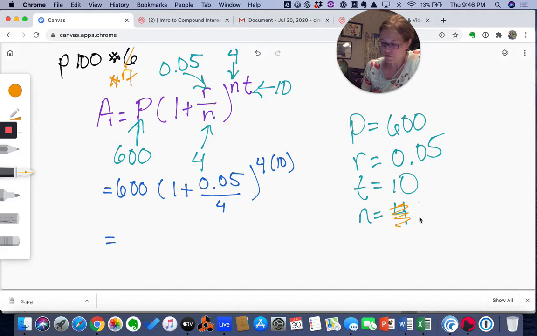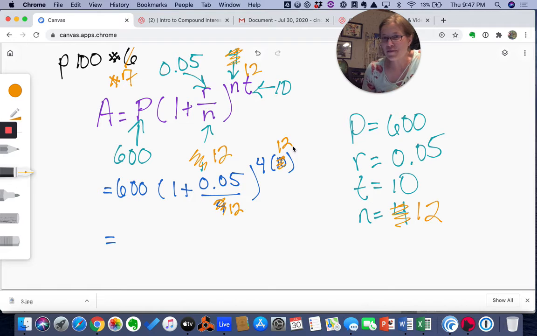So instead of 4, now we're using 12. There are 2 places we need to fix this. 2 places where we see n. So down here, it's going to be a 12. And up here, it's going to be a 12.